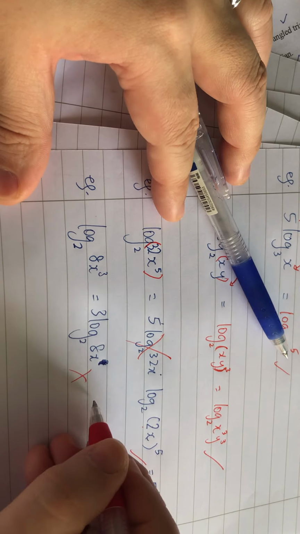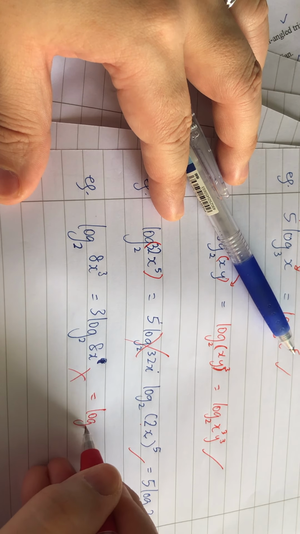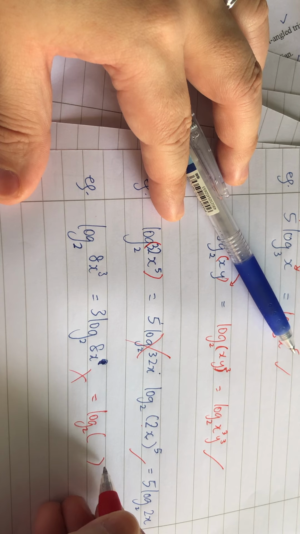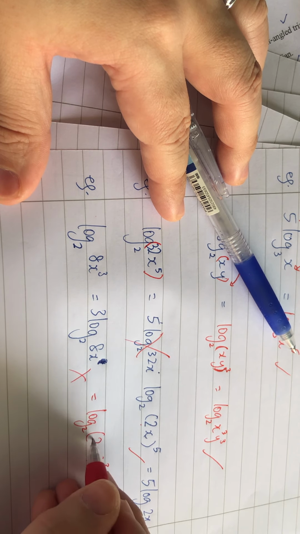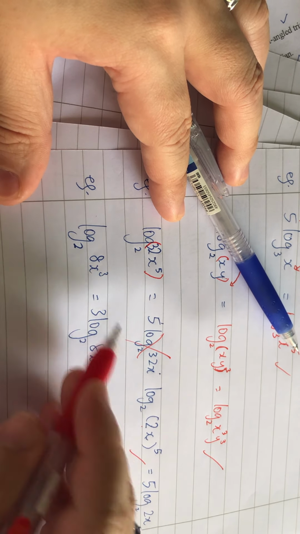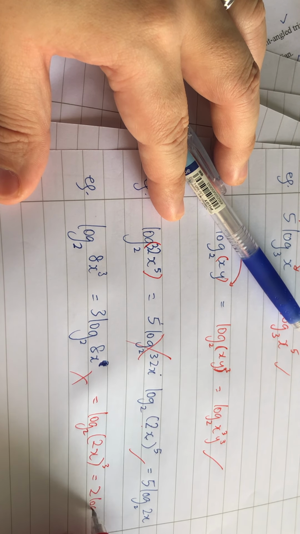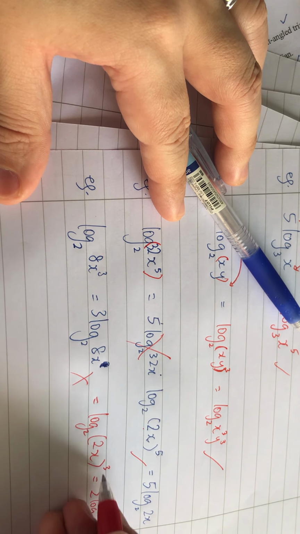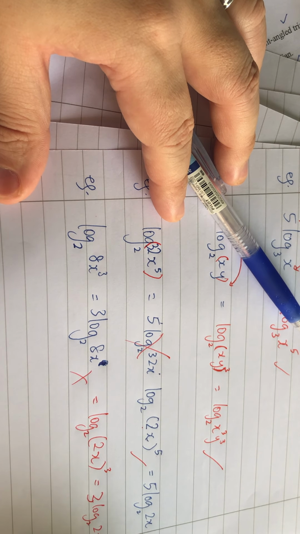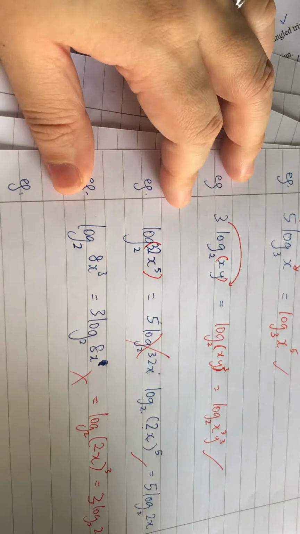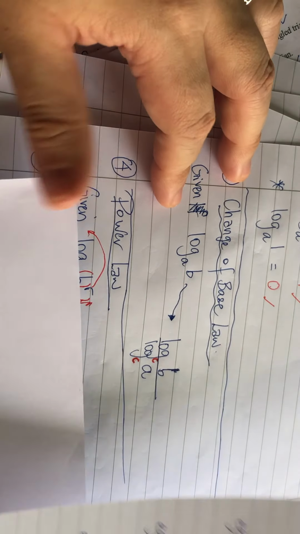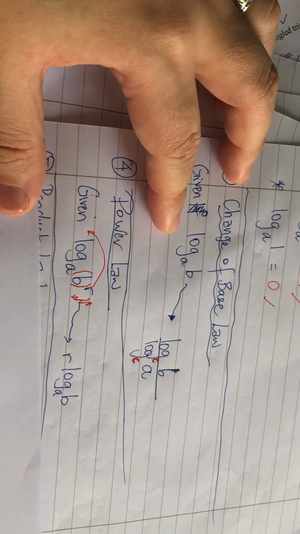You have to make sure that the whole argument is raised to power 3. So this is equivalent to this, and only then can you bring down the power 3. So I hope this clarifies this concept of the power law.